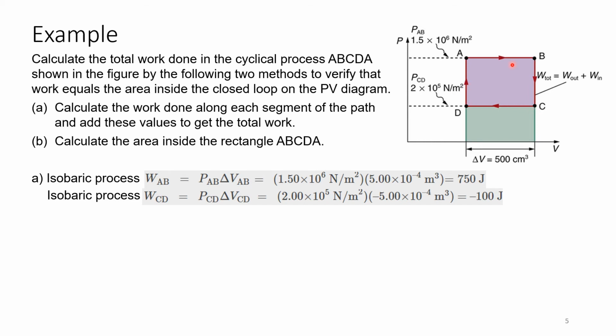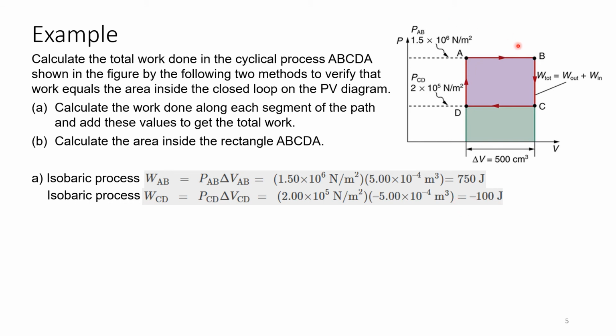It is important to notice that from state C to D, the volume actually decreases, so the volume change delta V CD is negative, and the work WCD is also negative.